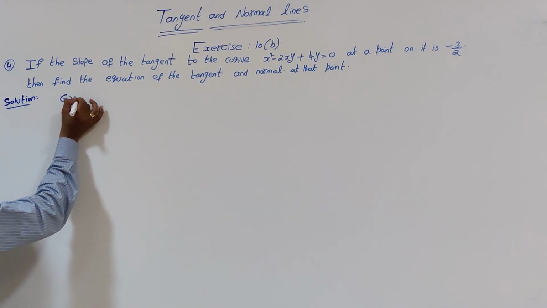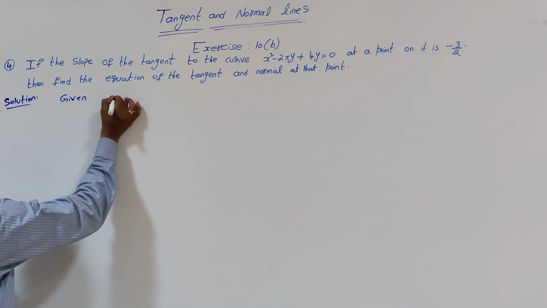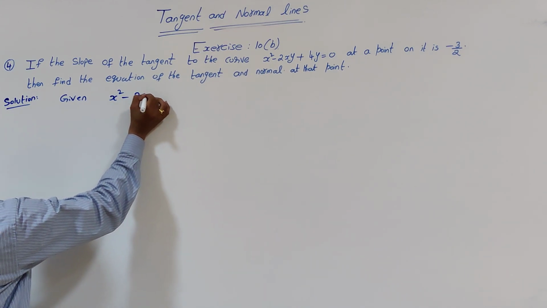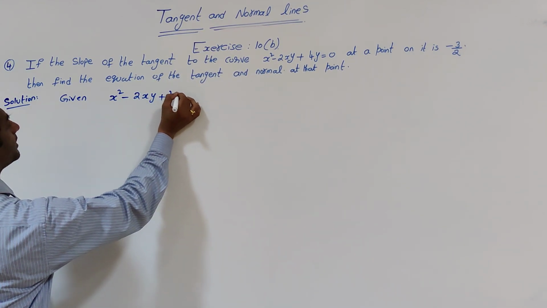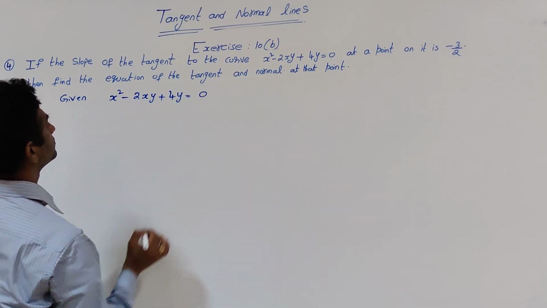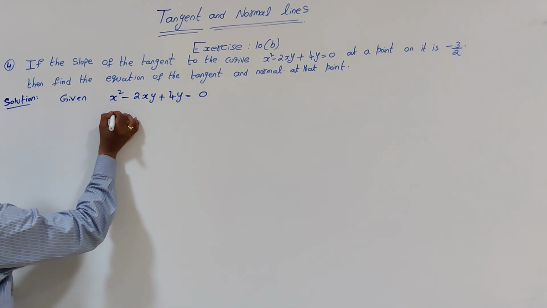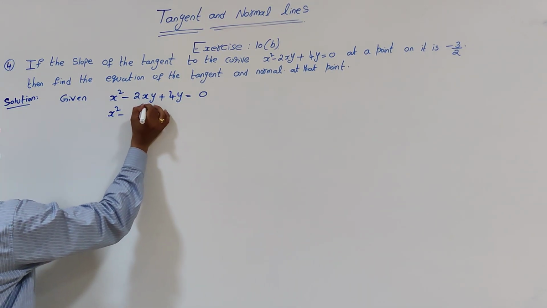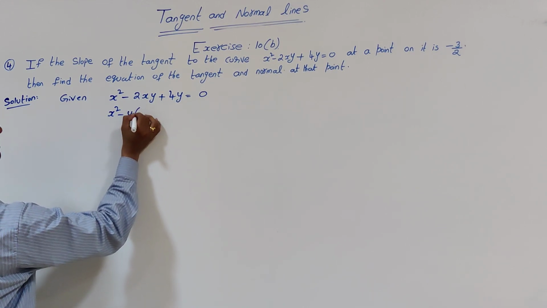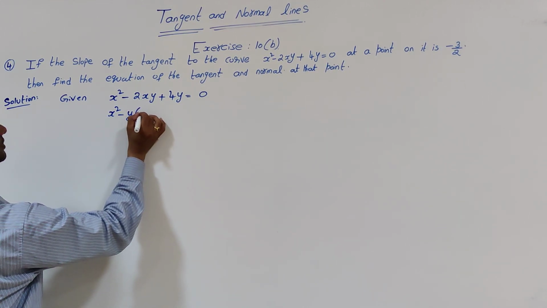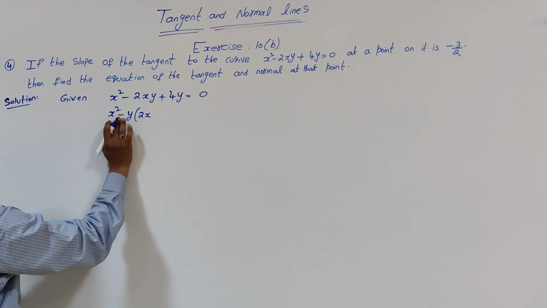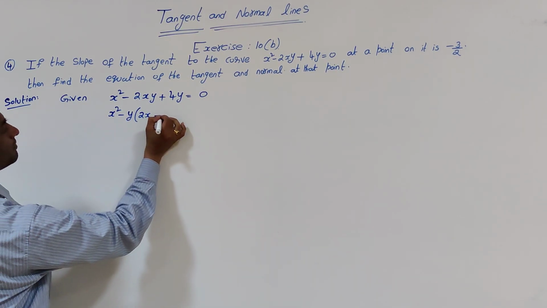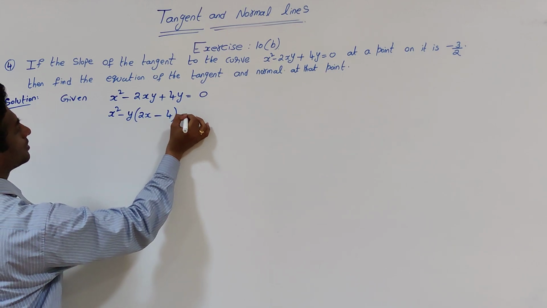Given x square minus 2xy plus 4y is equal to 0. If you take y common from the terms with y, it will be x square minus y times of 2x minus 4 is equal to 0.